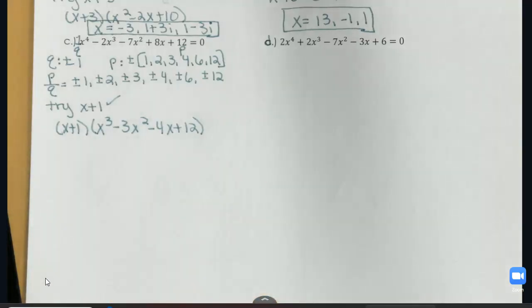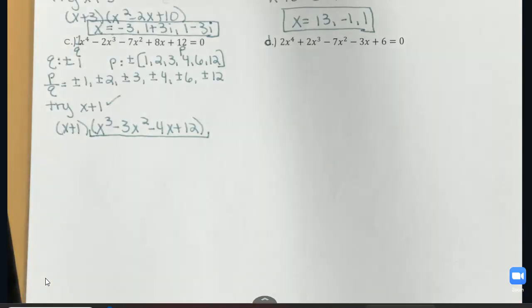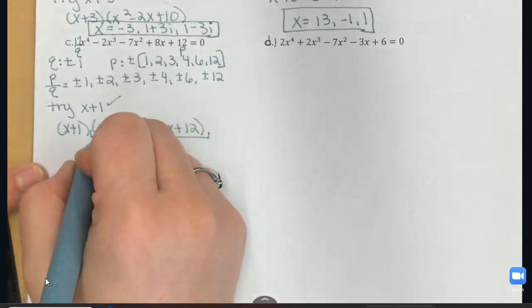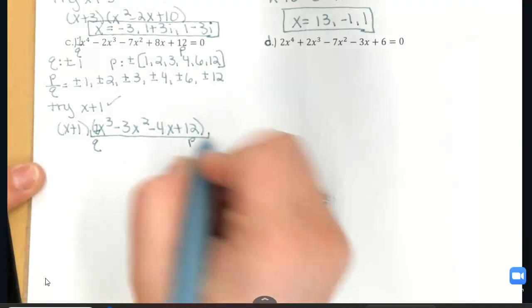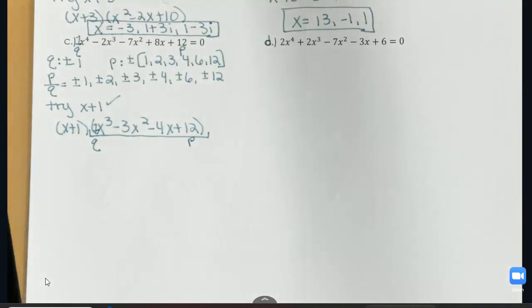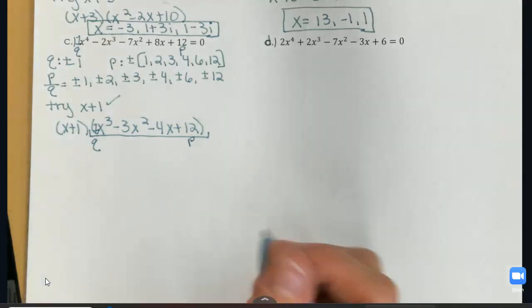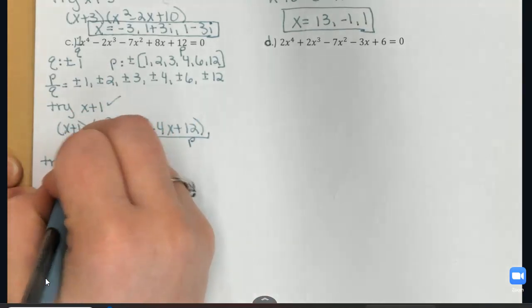I'm going to have to do the rational root theorem again, looking at my second factor. So here, this one has a value of q of 1 and a p-value that is also 12. So what that means is my possible rational roots are going to be the same. So let's go through and try a few. I'm going to start with x plus 1, and I'll show you the work for that.